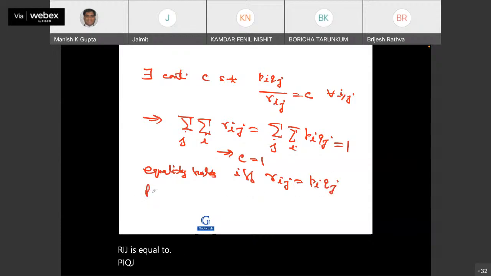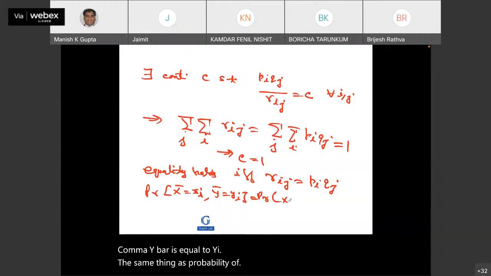That is when the probability of X equal to xi, Y equal to yj is the same thing as the probability of X equal to xi times the probability of Y equal to yj.